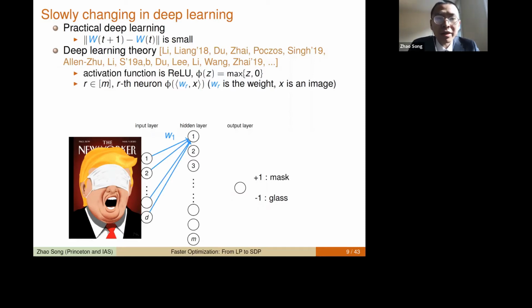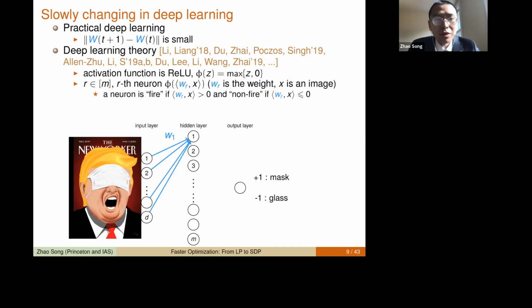If you look at the first hidden node in the hidden layer and draw all the connections from the input layer to the hidden layer, you will see their weight. We call the weight W1.